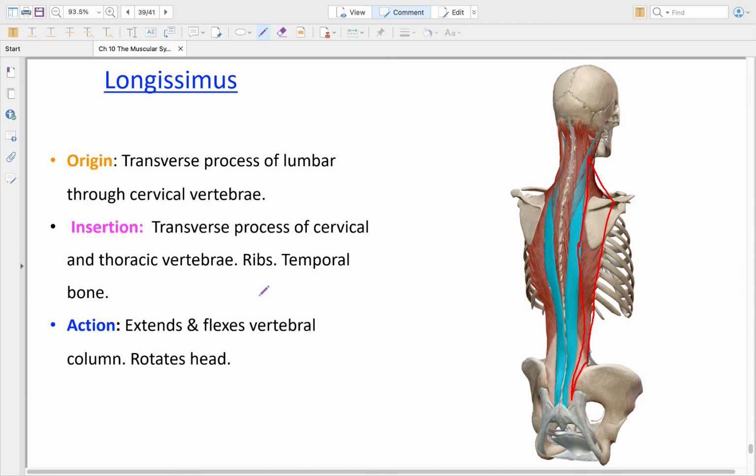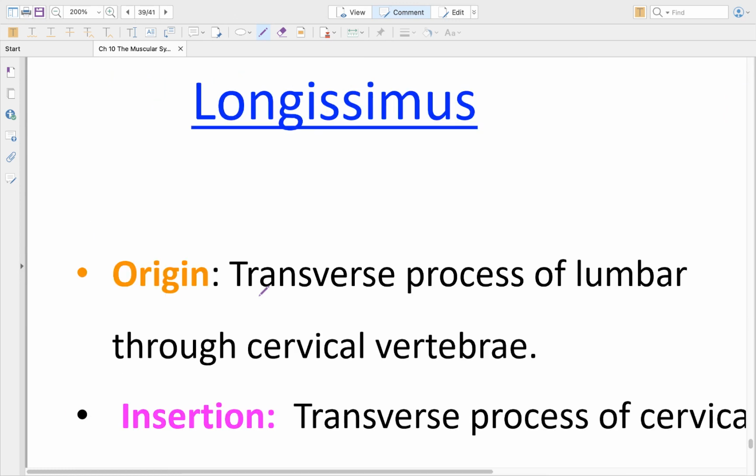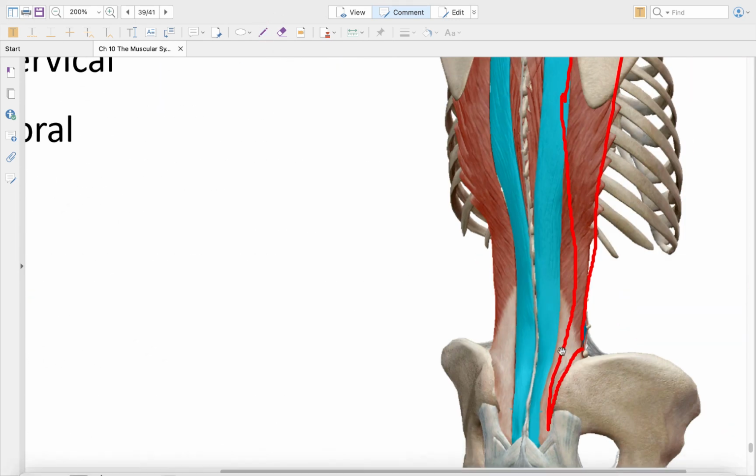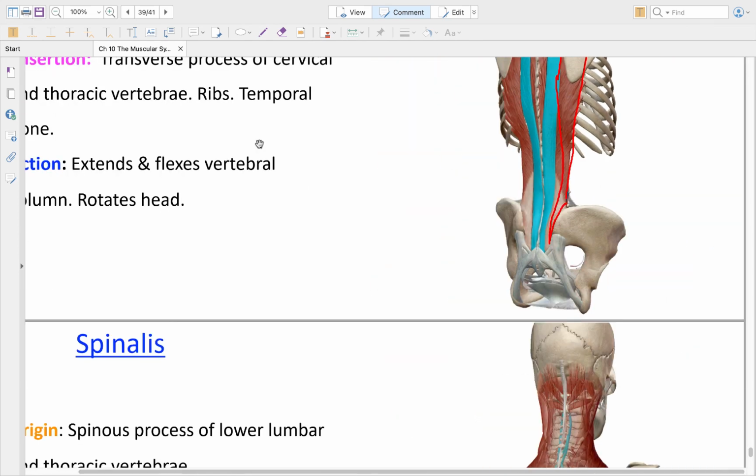begins at the transverse process of the lumbar. Now remember the transverse process of any vertebrae. Let's take a look. It's hard to see the transverse process there, but it's down here. And remember, transverse means side to side. So these are connected to the transverse process of the lumbar spine on this side and this side, because there are two.